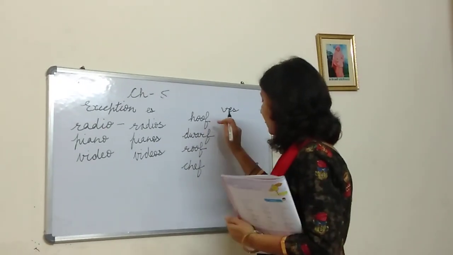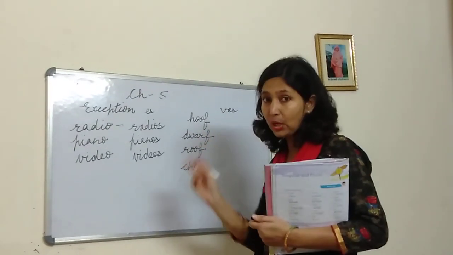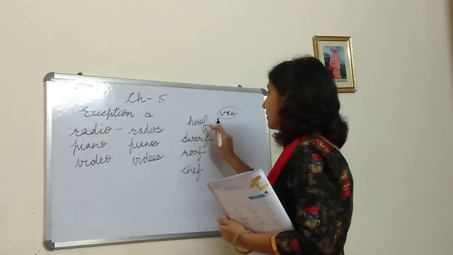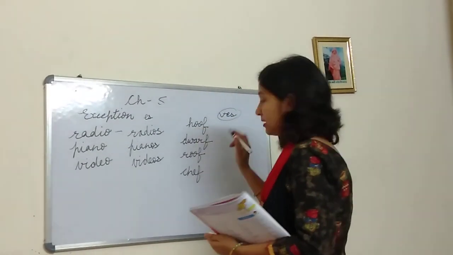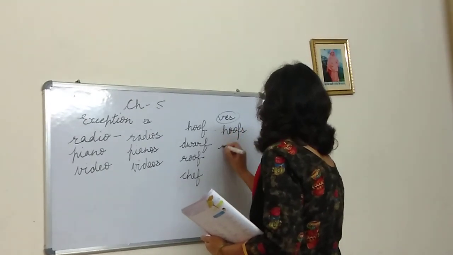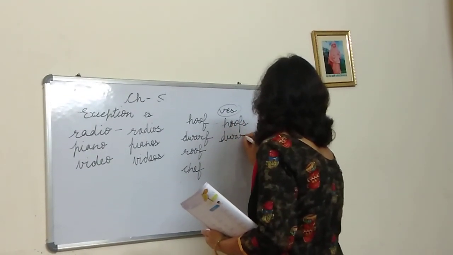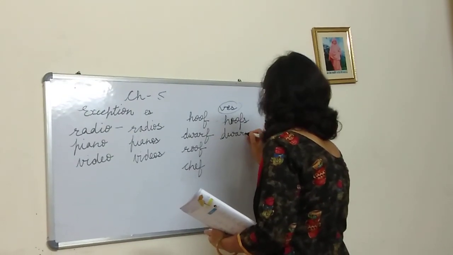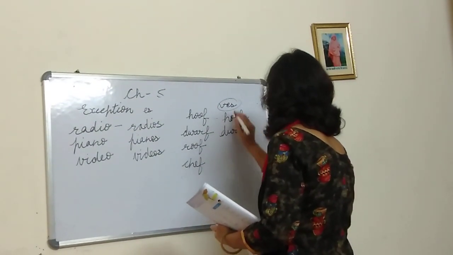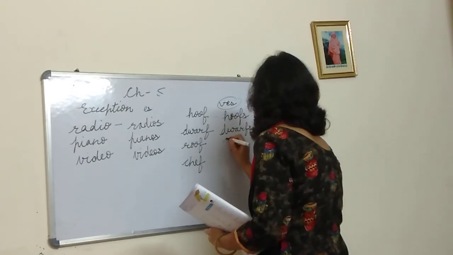Now, here also, I told you that the nouns which end with F, we used to add VES, but there are some exceptions. Hoof, hoofs, dwarf, dwarfs, and we can also add VES, dwarves.